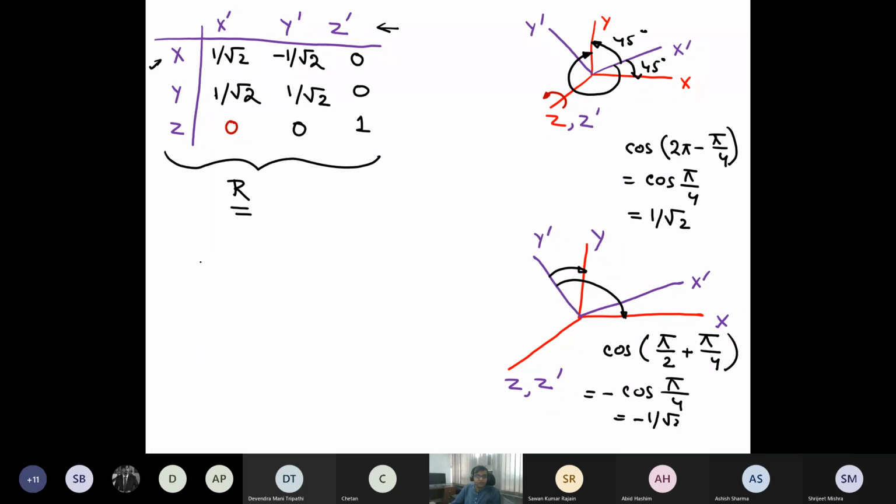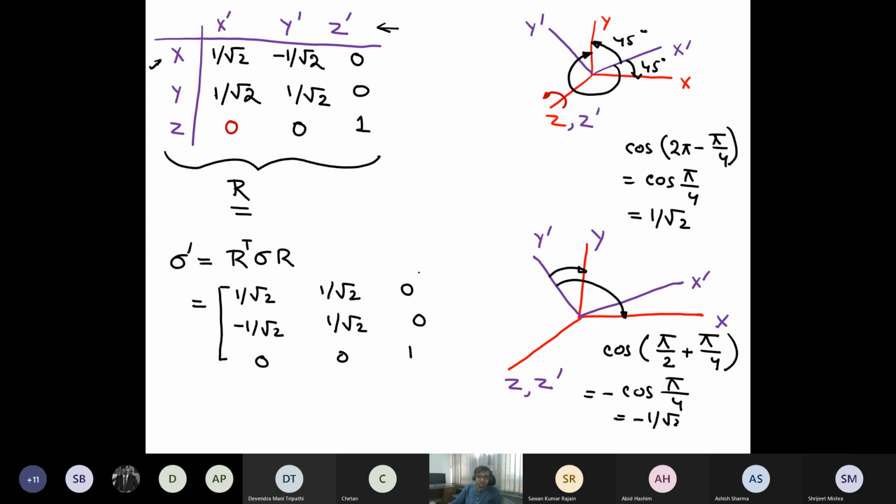And what we want to do, as was told, is compute sigma prime, and that can be computed as R transpose sigma R. I'm first taking the transpose, so the transpose will look like this: 0, minus 1 by root 2, 1 by root 2, 0, 0, 0, 1. And then there is sigma.